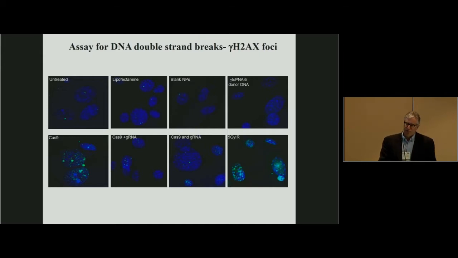Interestingly, and I'm just going to show this data because I don't have too much to say about this right now, except that the lower left shows what happens to those same cells when you introduce the Cas9 enzyme without a guide RNA. When you add the guide RNA at the same time, the next panel over shows a substantial reduction in induction of double-strand breaks, so that's something that might be worth pursuing.